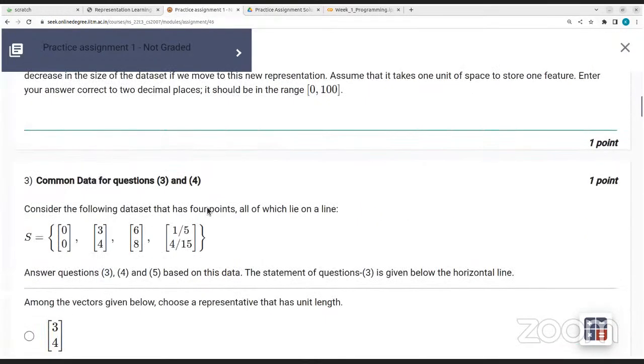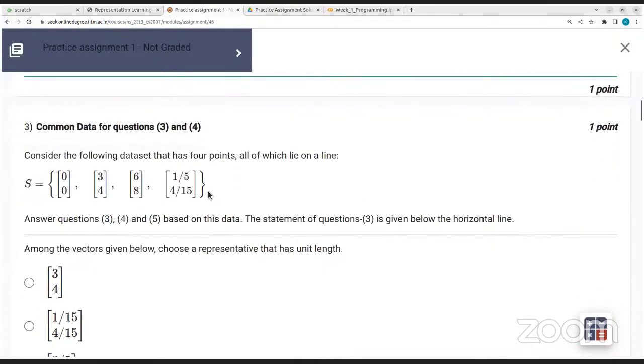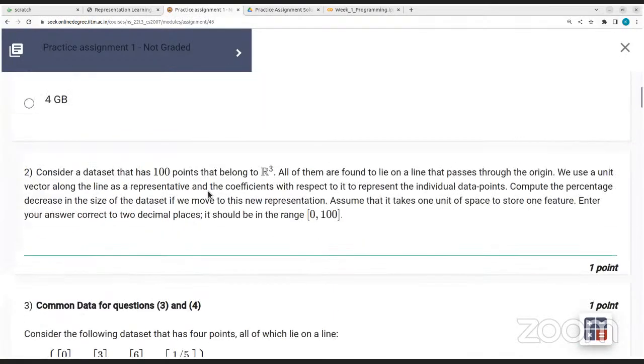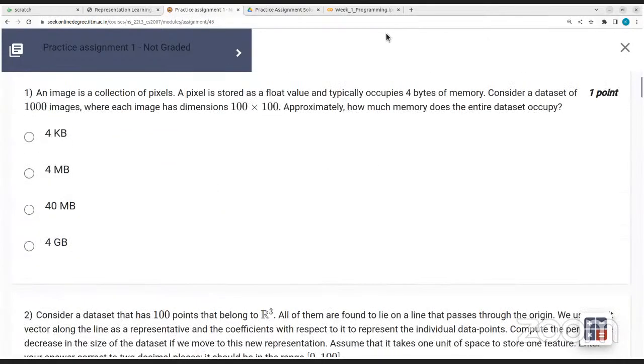One question, sir, in question 1. They say that suppose we have 4 bytes of memory for each pixel, and there is a 100 by 100 matrix. Whenever we say 4 bytes per pixel, does it matter that the memory is fixed, or if we change the data, for example, the value can be 0 to 255?